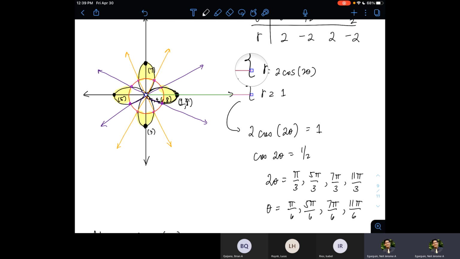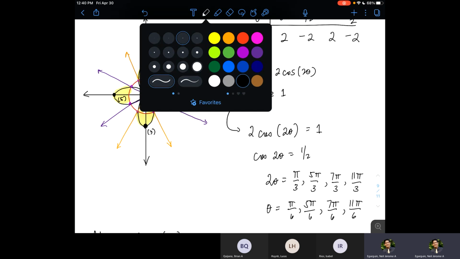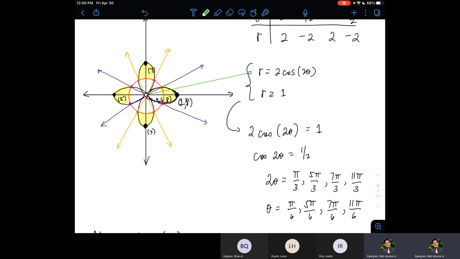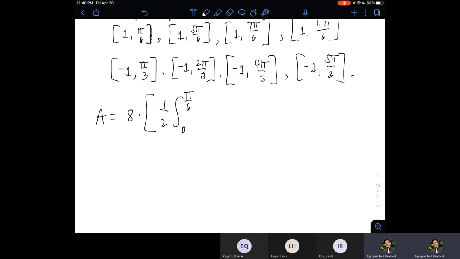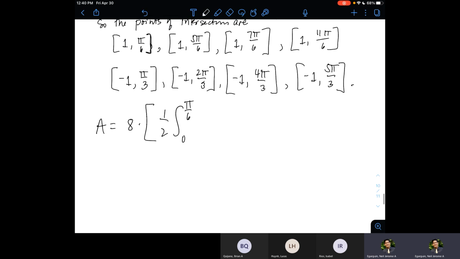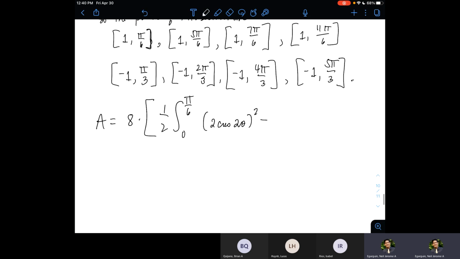As the ray travels from 0 until pi over 6 in the counterclockwise direction, you always see that the outer radius occurs at the black curve, and the inner radius always occurs at the red curve, right? So no need to further split the integral up. So here the outer radius will just be the rows. So we'll have 2 cosine 2 theta quantity squared minus the inner radius, which is your equation for the circle, all multiplied by d theta, and then ending brackets.